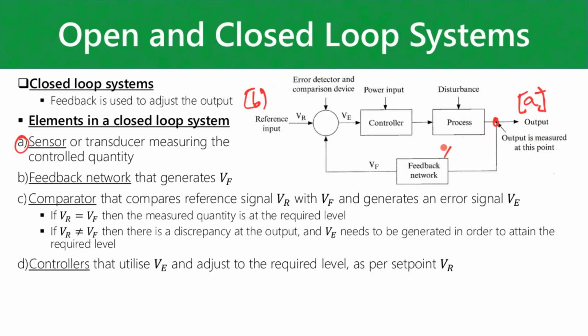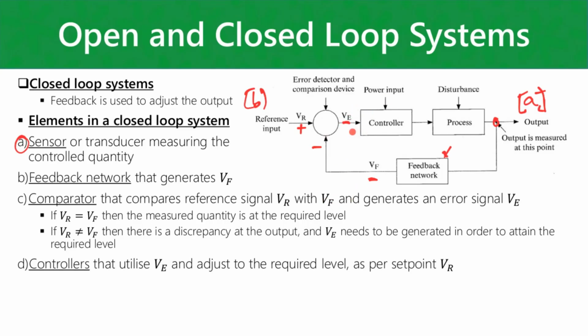We can then use a sensor to measure it. The sensor is going to form part of our feedback network. Part of the feedback network is also going to be amplifiers and signal processors that change the value we measure with our sensor into a voltage that we can feed back to our reference input. The feedback voltage is then subtracted from the reference input to give you an error.